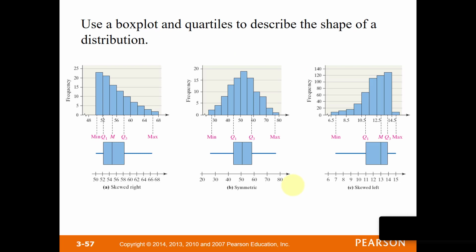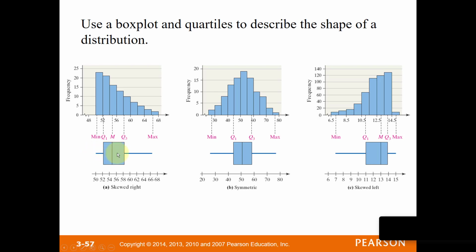So now, this is the last thing, we want to compare histograms to box plots and talk about the symmetry or skewedness of the situation. Remember that the line inside the rectangle measures the median. So we have 50% of our data from this line out to here, and 50% of our data from this line right here to the left to that mark right there.